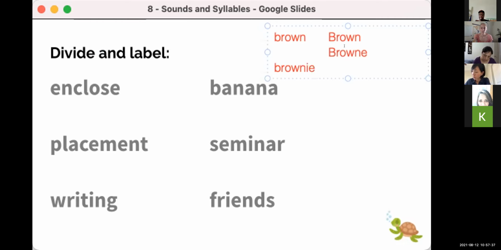Yeah, sometimes with proper nouns, they're going to break the pronunciation and syllable rules that we're learning. And there's always exceptions.